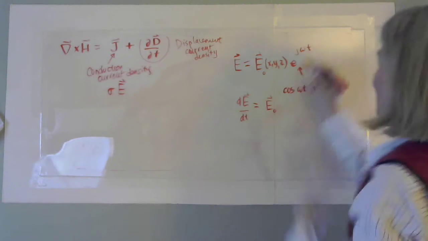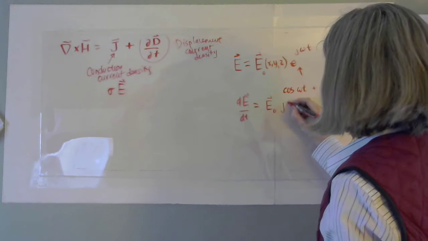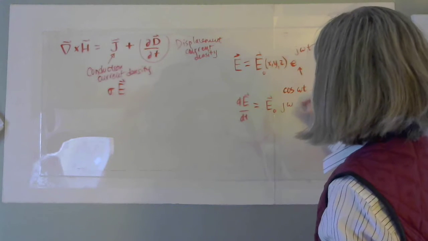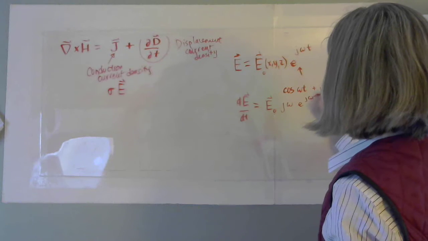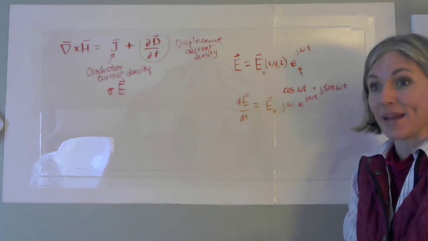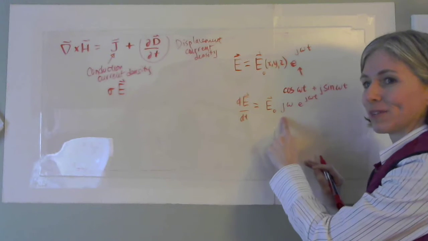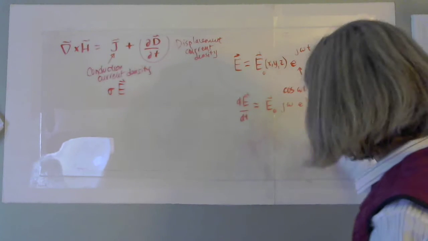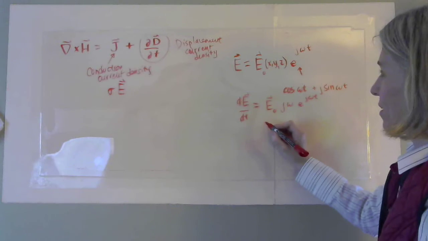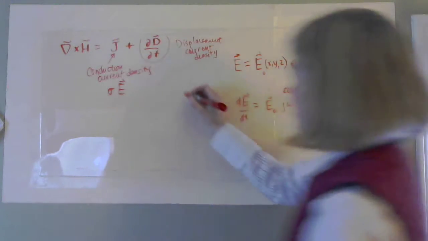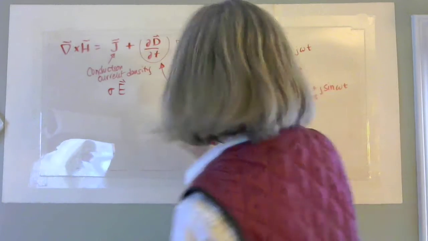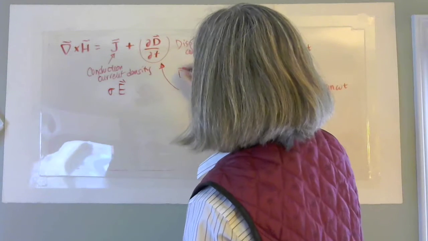I'm not going to keep writing that. I'm going to bring down j omega e to the j omega t. And from now, we're just going to look at magnitudes and amplitudes. We're not really going to worry about this j. We'll see what it does later on. But we can turn this thing into, oh yeah, and D is epsilon E.